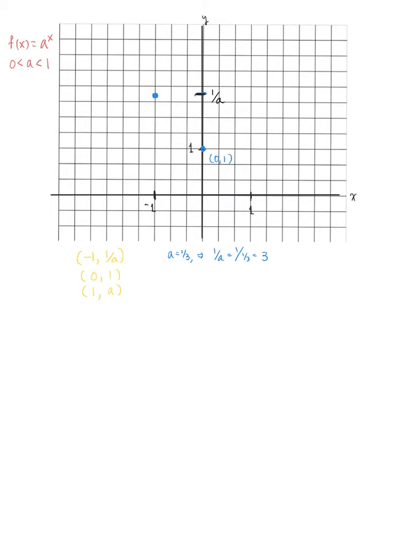When x is 1, a is just the base itself, but a is less than 1. So if a is 1/3, we plot (1, 1/3). Here, our y value is going to be less than 1 in this case. Let me randomly pick the value of a. Let's pick that's a. Then this point right here is going to be (1, a). Sorry, I forgot to label this point. This point will be (-1, 1 over a). So in general, our graph is going to look something like this.